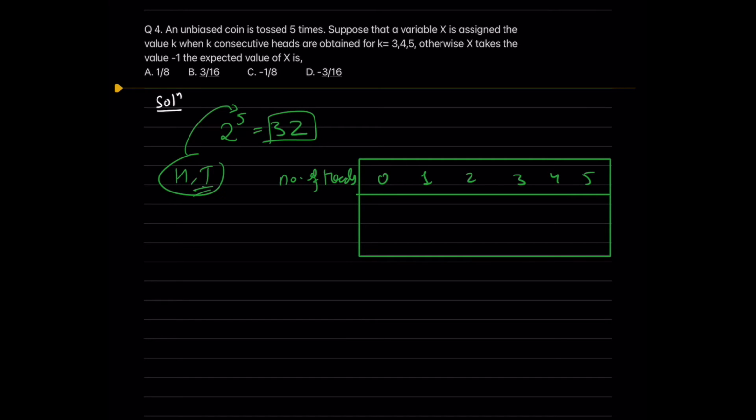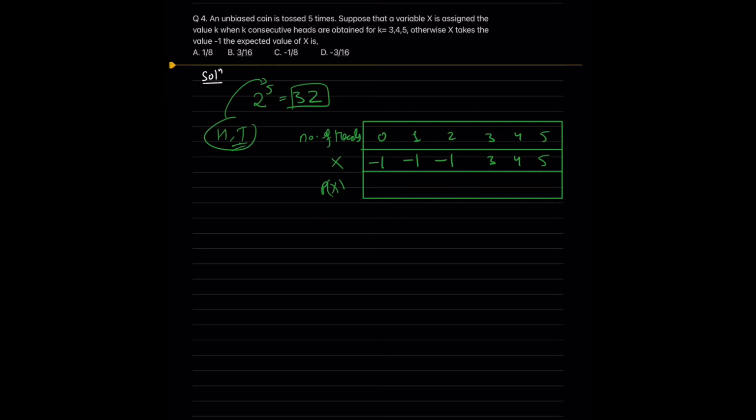It's not the total number of heads, it's the number of consecutive heads. And the variable x we have assigned: if we get 0, 1 or 2 consecutive heads, x is assigned the value -1, as given in the question. For 3, 4 and 5 it is assigned the values 3, 4 and 5 respectively. And p of x is the probability of getting that number of consecutive heads.